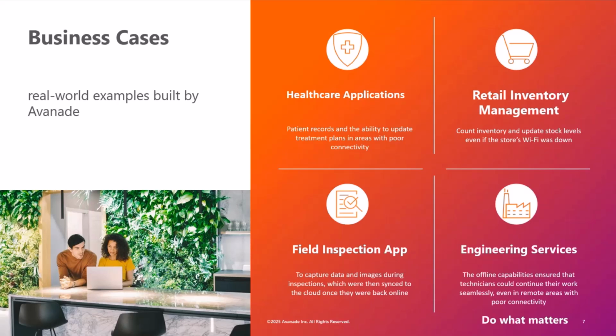It might also be in the field. Typical inspection applications sometimes require offline capabilities where they still capture some data, upload some pictures, and synchronize this at a later point in time to the server. This can also work in engineering service, so we can still provide technicians all the information and knowledge they need to work seamlessly, even with poor connection. But let's learn how.